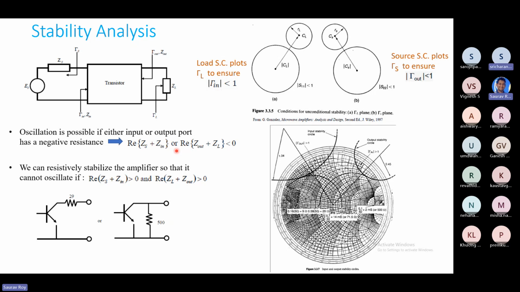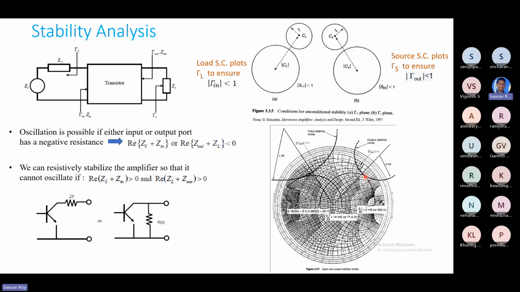So at the load side we see minus 500; if we add another 500, it will become zero. That's why at the load side we are choosing to add another 500 ohm in shunt. So it will become zero only, exactly.